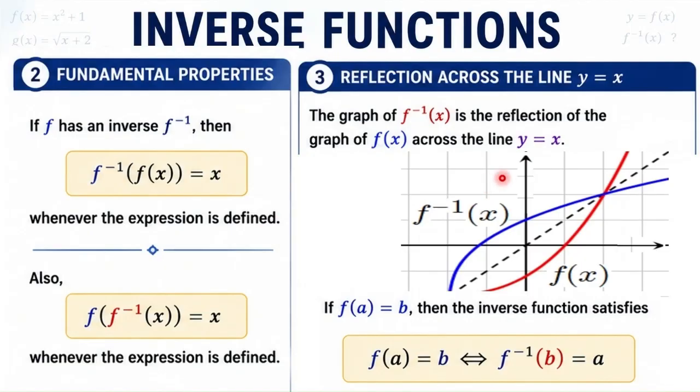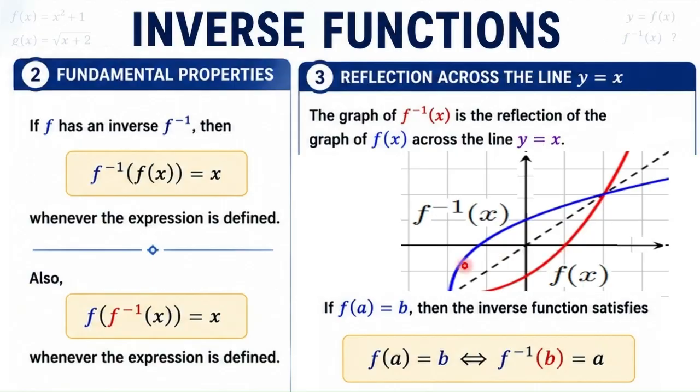There is also a beautiful geometric relationship between a function and its inverse. Their graphs are reflections of one another across the line y equals x. Every point on the graph of the original function appears with its coordinates reversed on the graph of the inverse function.